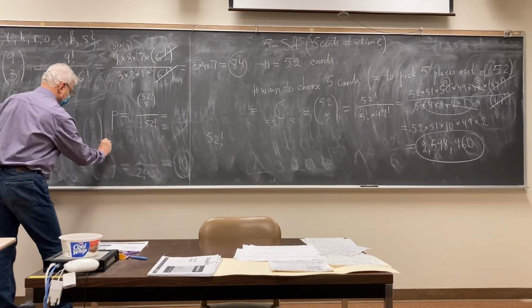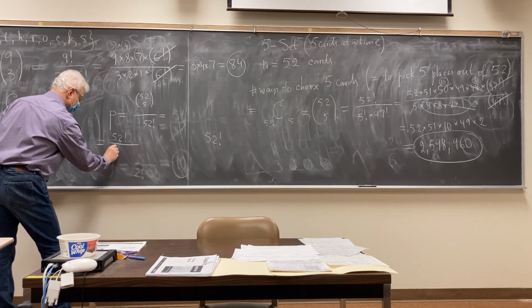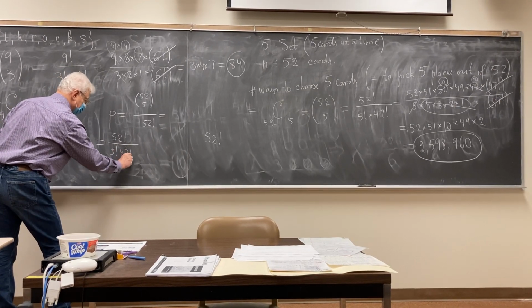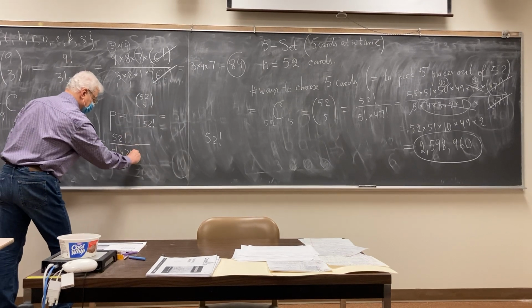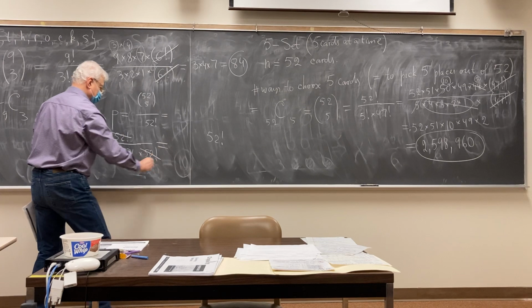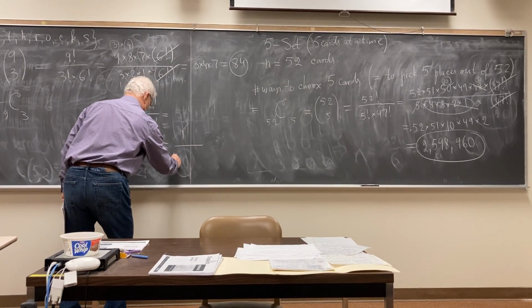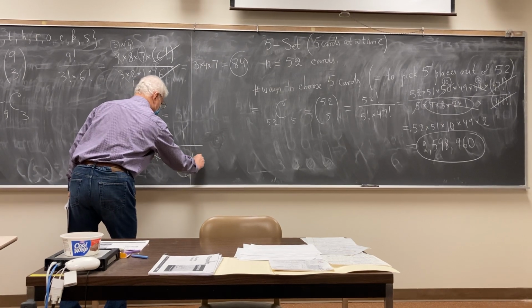That is 52 factorial over 5 factorial times 47 factorial, divided by 52 factorial. So 52 factorial cancels, and you get a very, very small number: 1 over 5 factorial times 47 factorial.